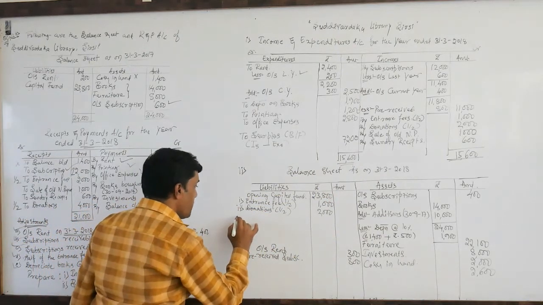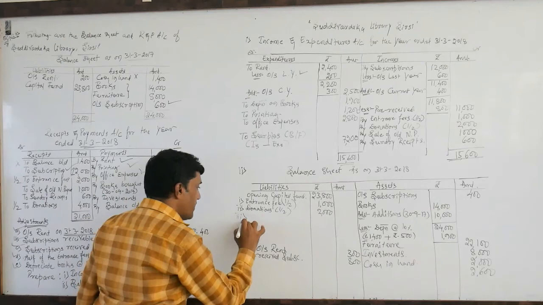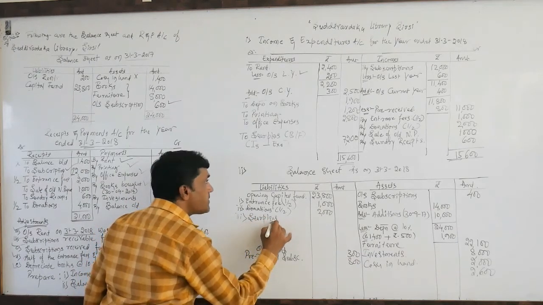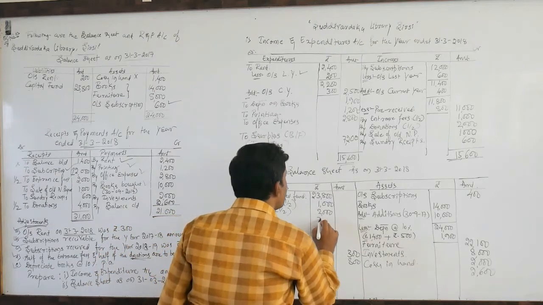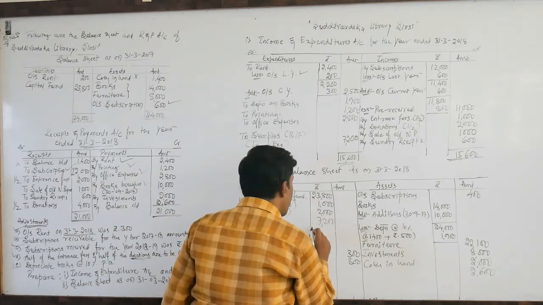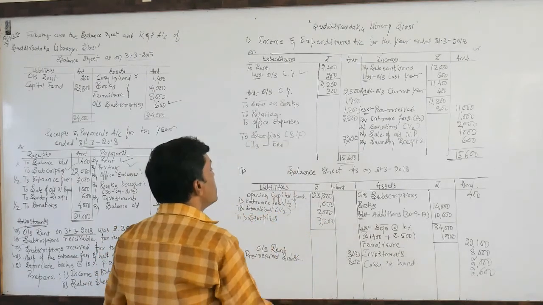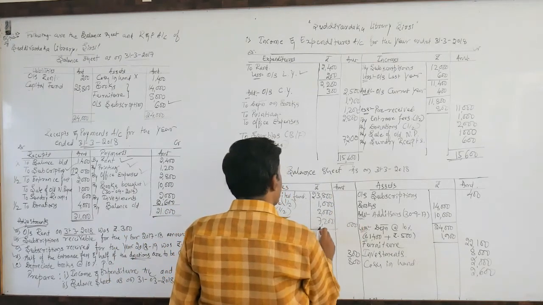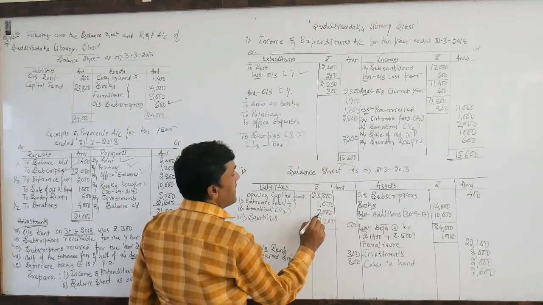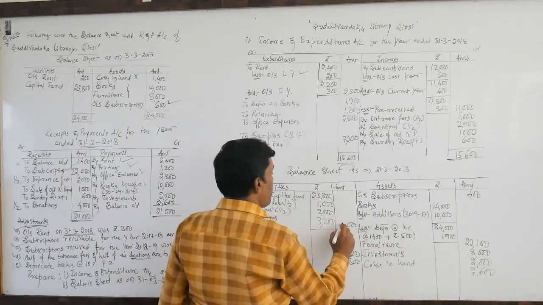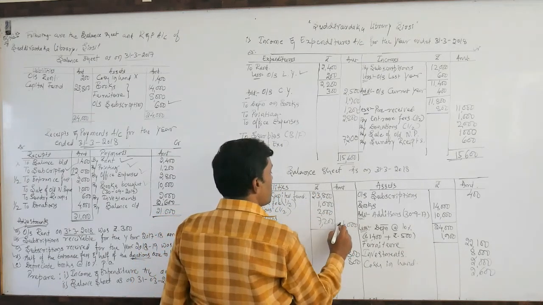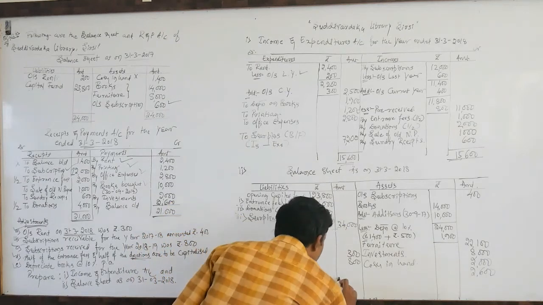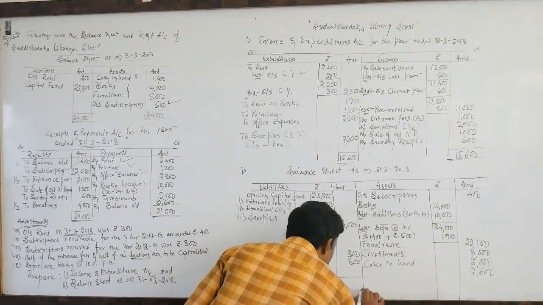That surplus is to be added to the opening capital fund, that is surplus rupees 7,200, and the total. So this one 800 and 200, 1,000, 8, 2, 10, 10 plus 4, 14, 34,000. So here I am trying my level best to close this balance sheet.